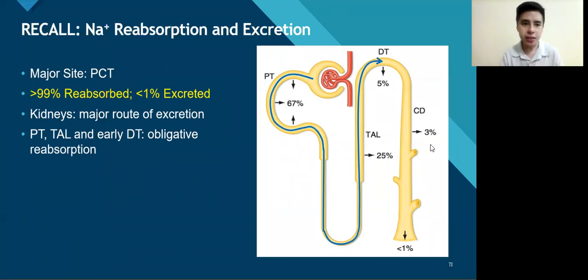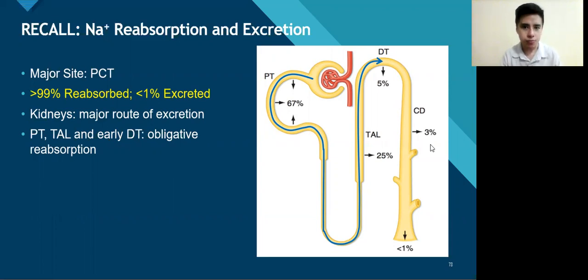We call it obligatory reabsorption, meaning it will be reabsorbed. There is a constant reabsorption of sodium, which may be affected by glomerulotubular balance or by Starling forces, but overall, it has to be reabsorbed.